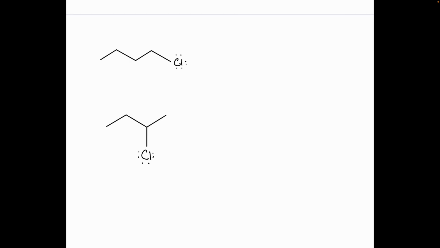And we're going to look at it with a primary alkyl halide, a secondary alkyl halide, and a tertiary alkyl halide.